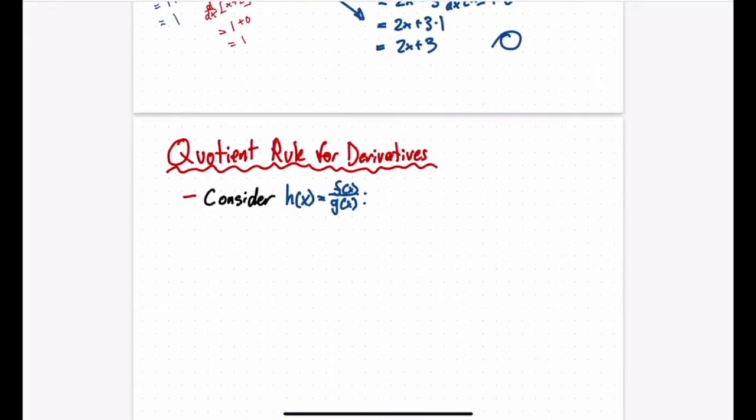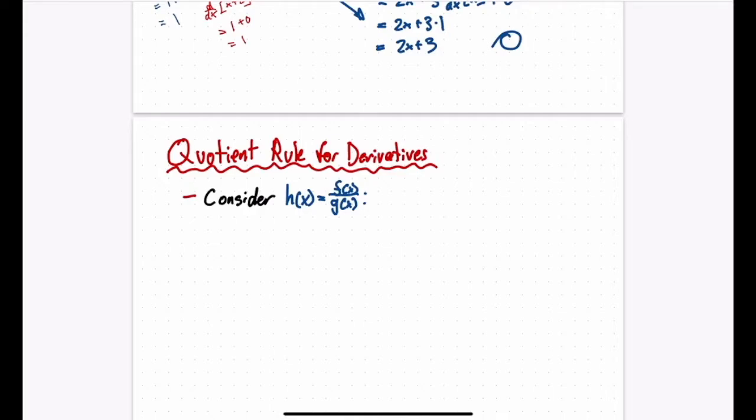So we're going to consider trying to find the derivative of h of x, but we're going to make this a little bit more into something that we've already seen. So at the end, what we're trying to find is this h of x, which is equal to one function divided by another function. So f of x divided by g of x.